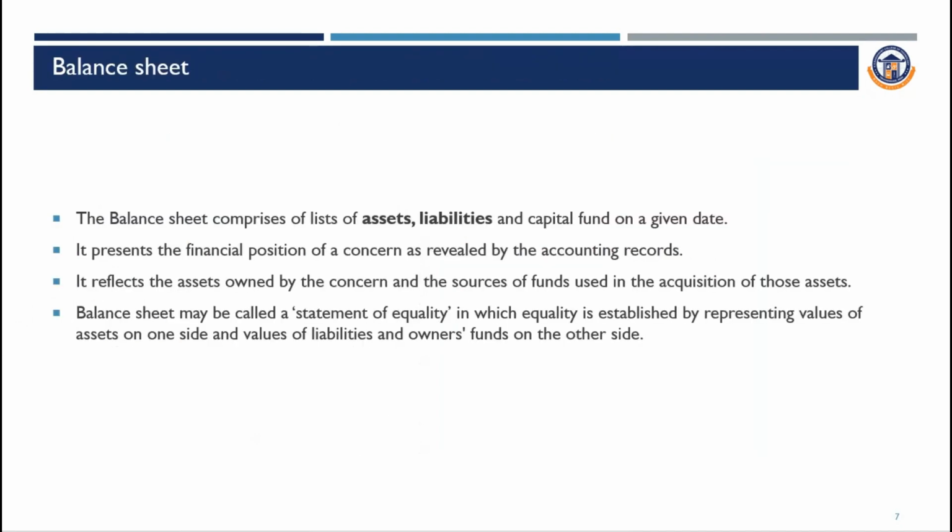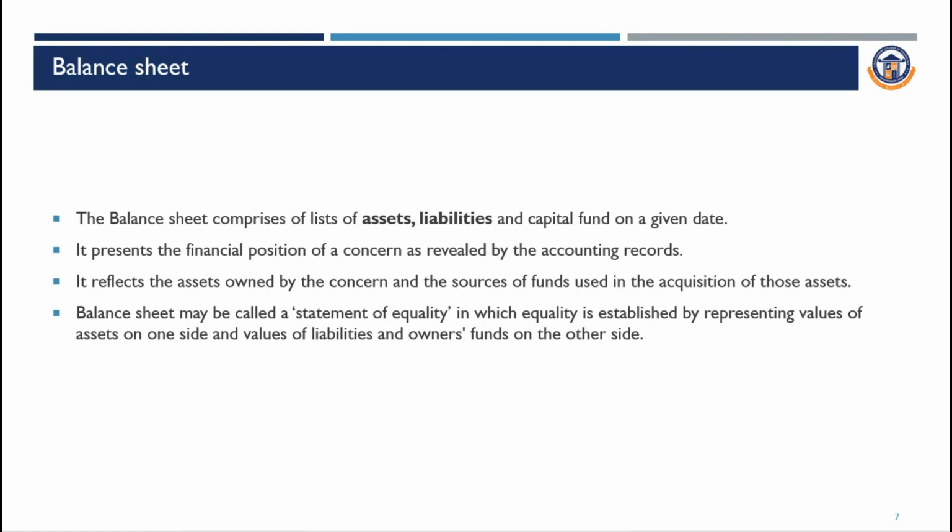Next we move on to the balance sheet. The balance sheet is the final process of preparing the financial statement. It comprises a list of assets, liabilities and capital funds on a given date. It represents the financial position of a concern as revealed by the accounting records.